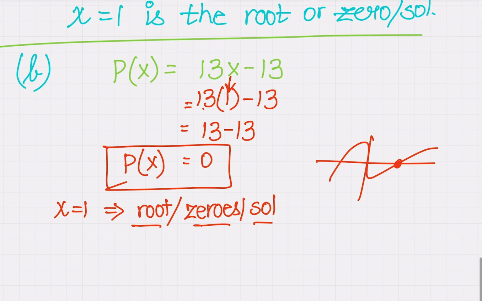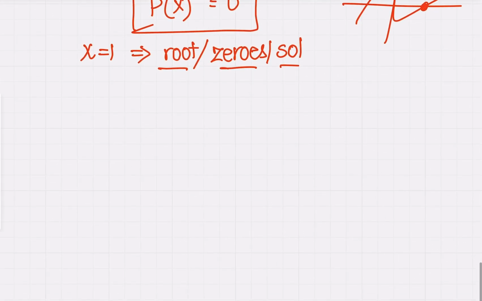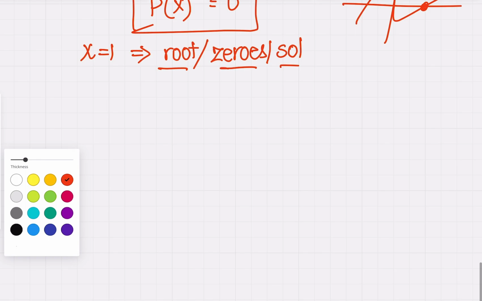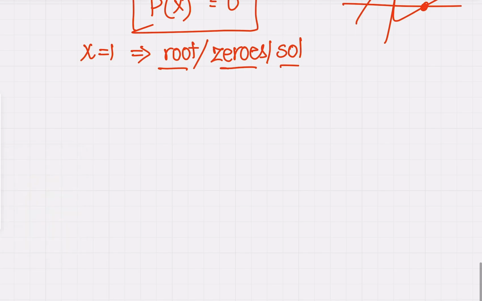All right, let's take a look at another example. Let us say we have another polynomial, this time denoted by g of x. Let us say g of x is 1 by 3x minus 2 by 3. I need to think about what value of x can make it 0. Now this is a fraction, so it becomes a little difficult.